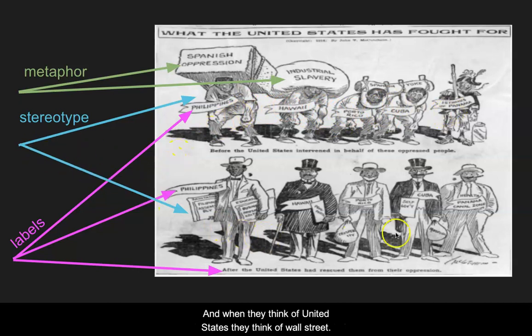And when they think of the United States, they think of Wall Street or wealth. So these are stereotypes for what it's like to be in an industrialized country and in a less developed country. It's not reality.